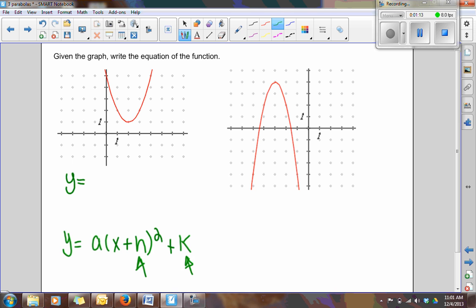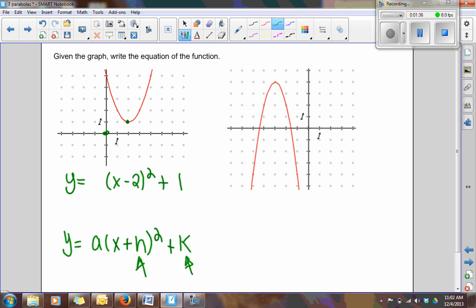We'll have y equals, or f of x equals, and notice originally y equals x squared, the vertex is at 0, 0. Our vertex moved 2 to the right, so we're going to have x minus 2 squared because it's a parabola, and it also moved 1 up.